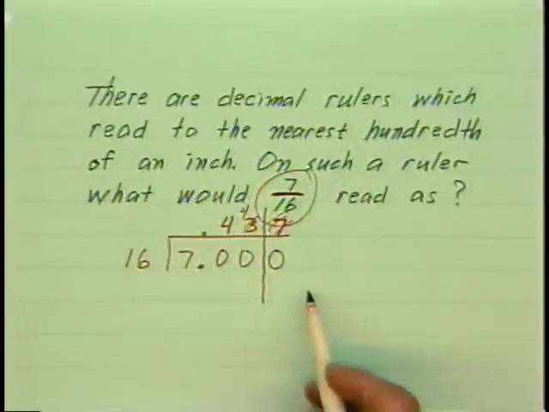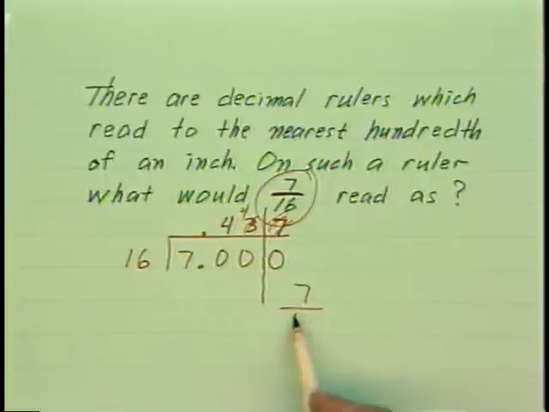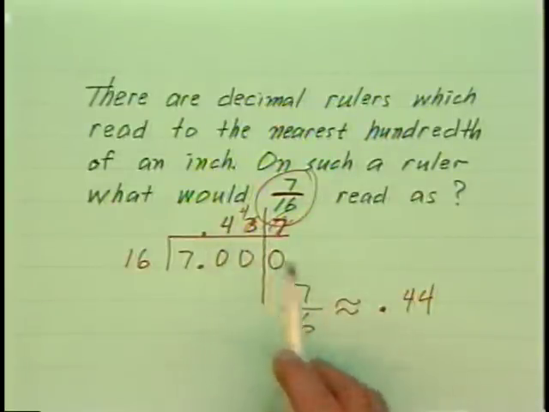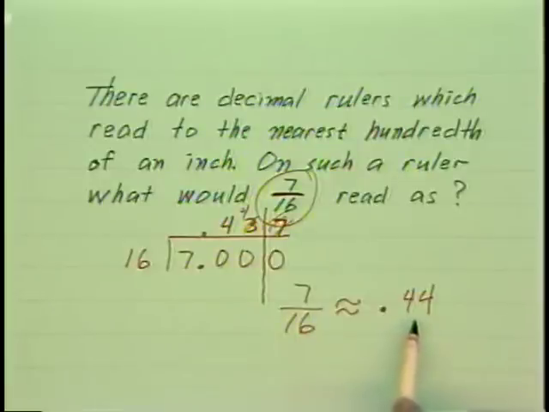So we can now claim that 7/16 is approximately equal to the decimal number 0.44. That is closer to 0.44 than it is to 0.43. So on our decimal ruler, this is actually what we would see. We see the edge of our measuring item just almost against the next 4 in the hundredths place, just a squidge under it.